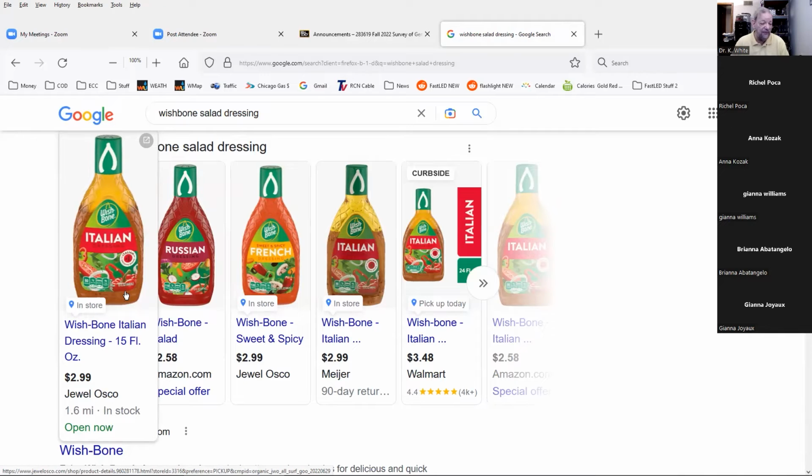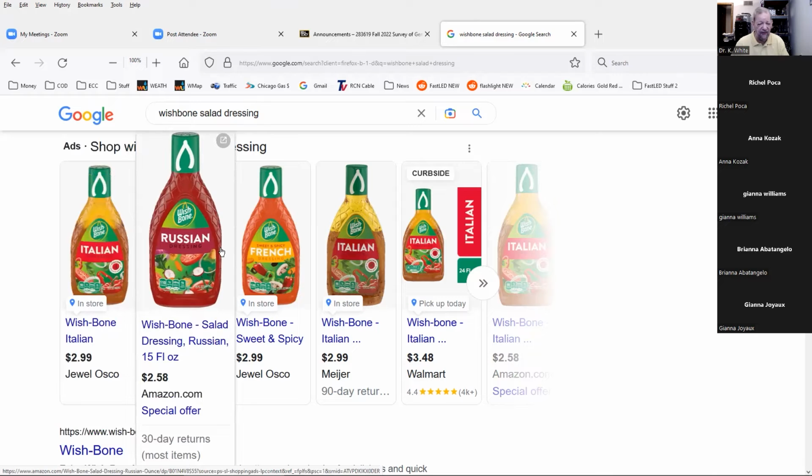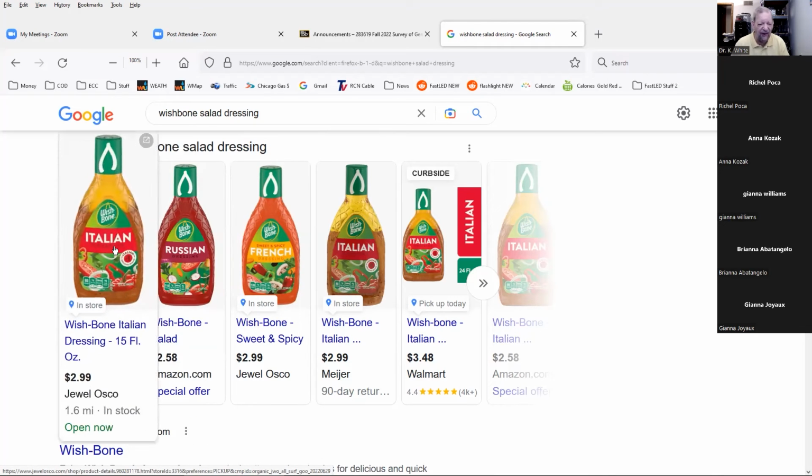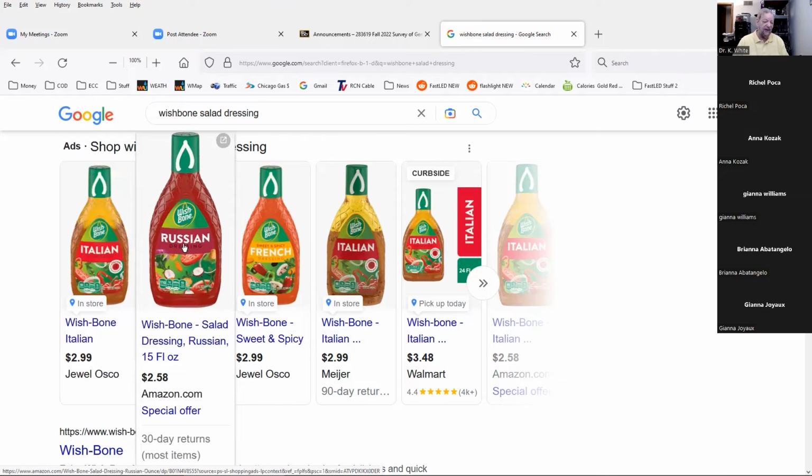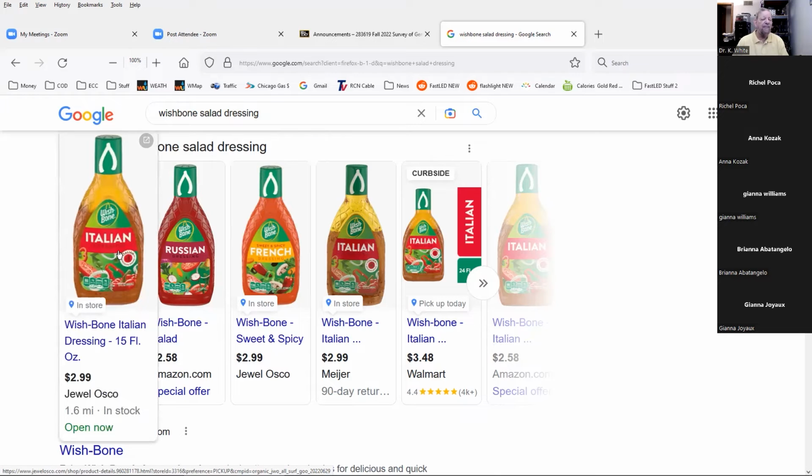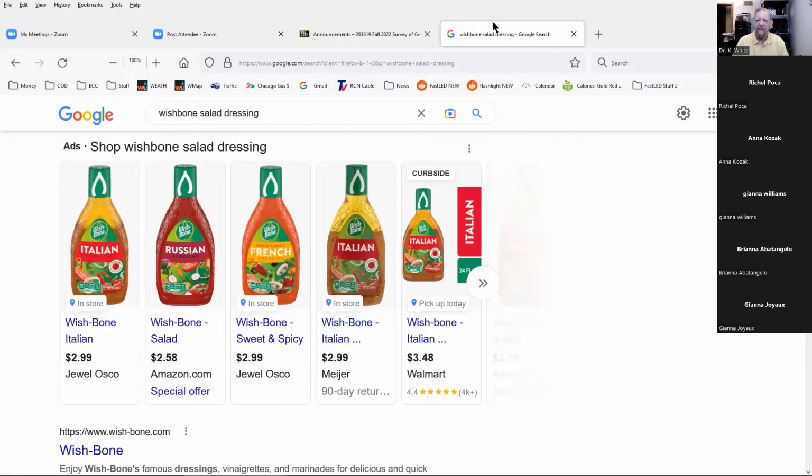And the oil is vegetable oil. There's some seasonings in there. And notice the French and Russian are not homogeneous because it's not an oil water mixture like that. There are other things which I don't teach in this class that make them homogeneous. But because like dissolves like, water polar, vegetable oil non-polar, that's why it doesn't mix.